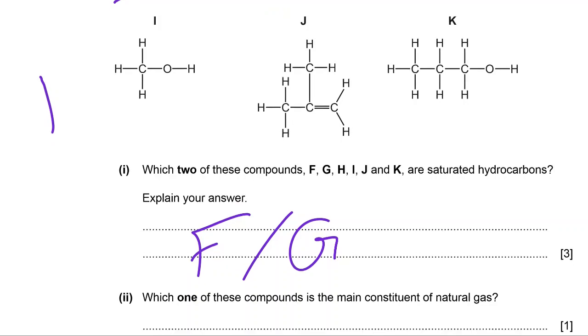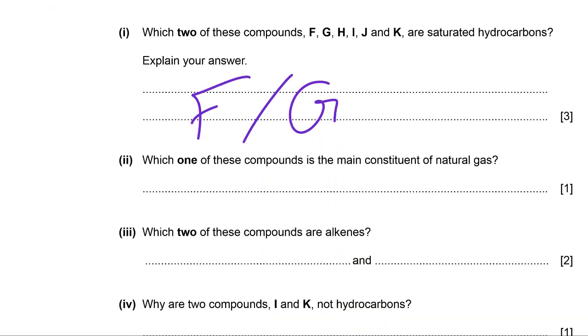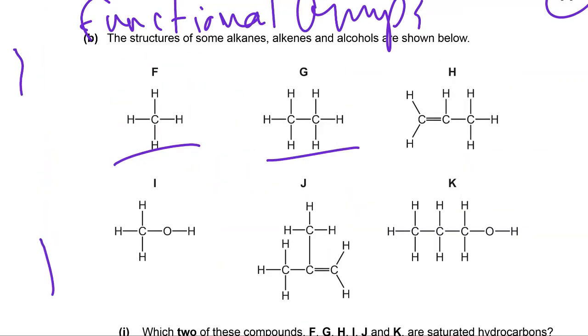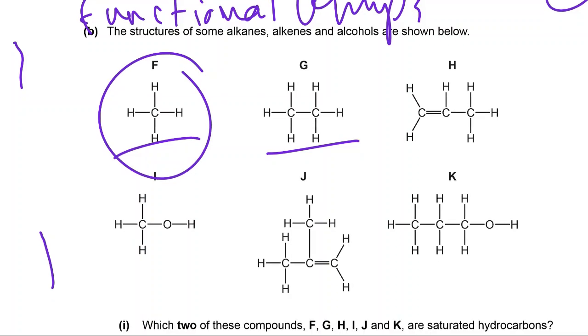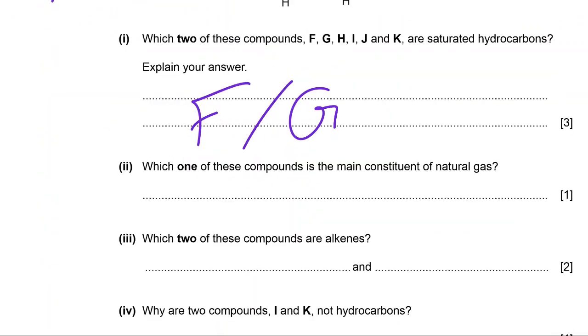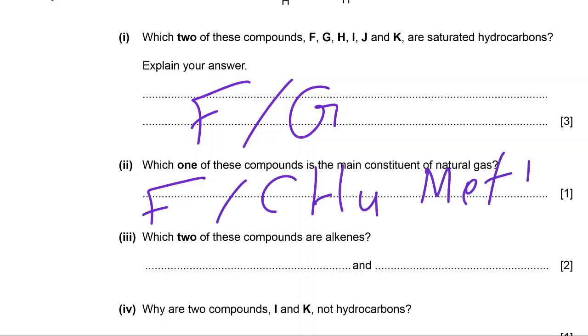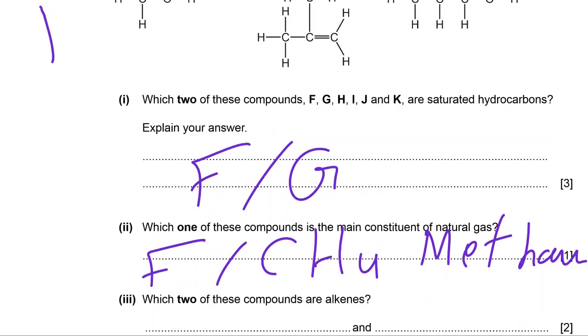And the next question: which one of these compounds is the main constituent of natural gas? The natural gas is methane gas. So the first one, F, which is CH4, methane gas. Which two of these compounds are alkenes with a double bond?